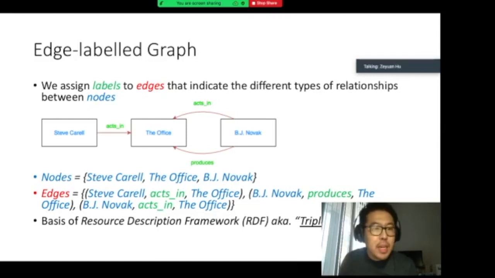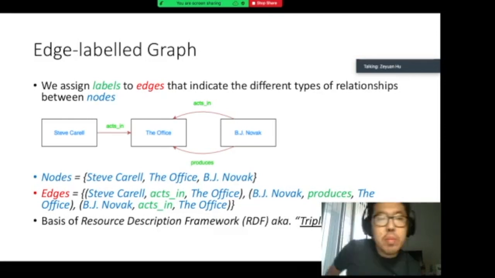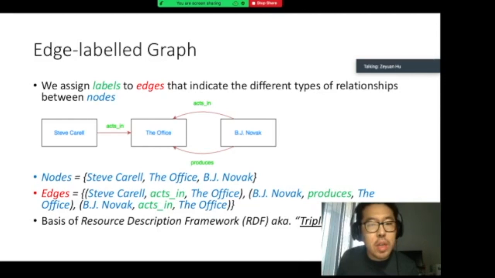So, as shown in the picture here, we are using three nodes: first is Steve Carell, second is The Office, and third is BJ Novak. We try to model The Office TV show's crew using this edge labeled graph.